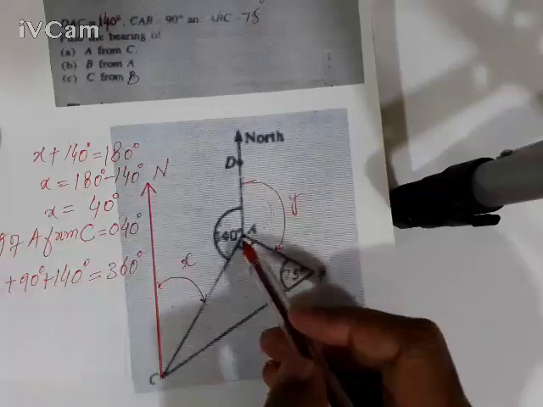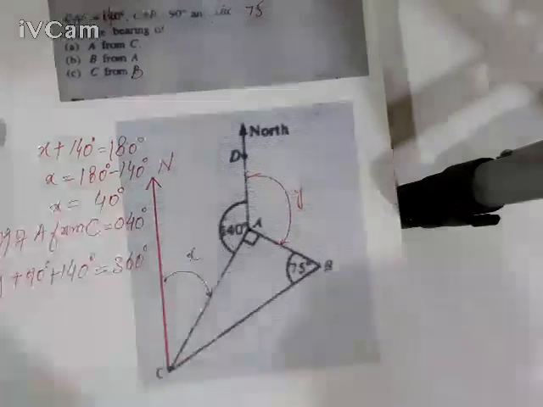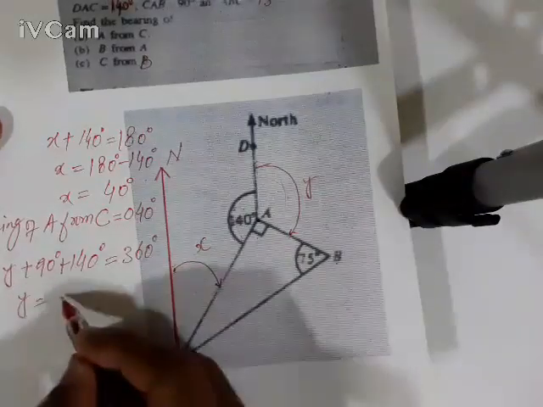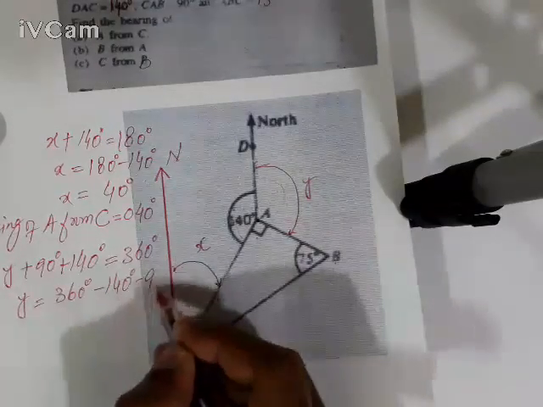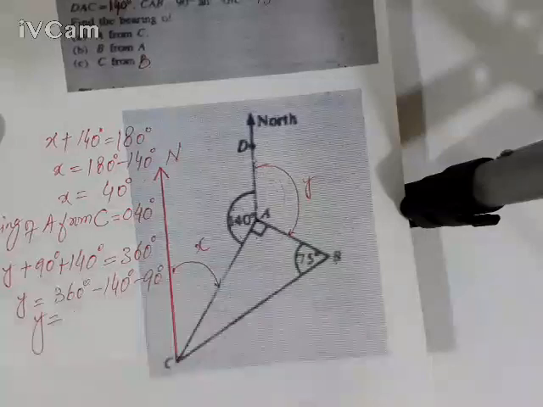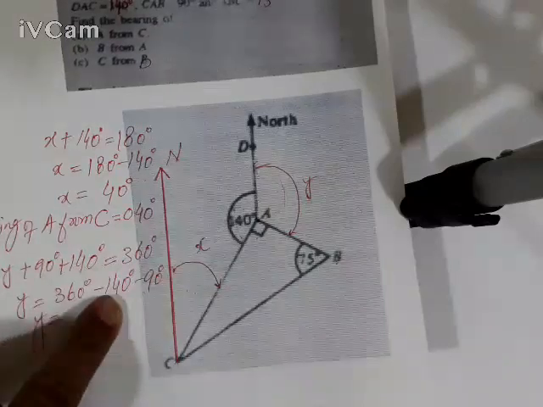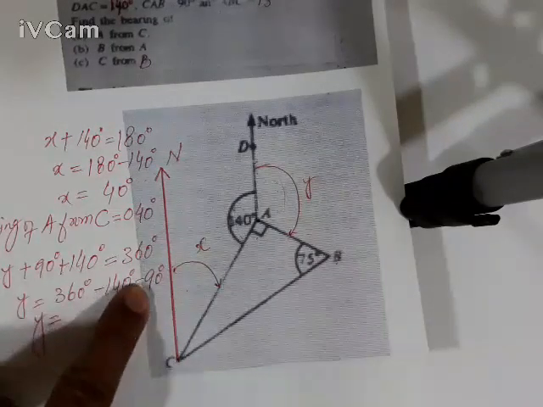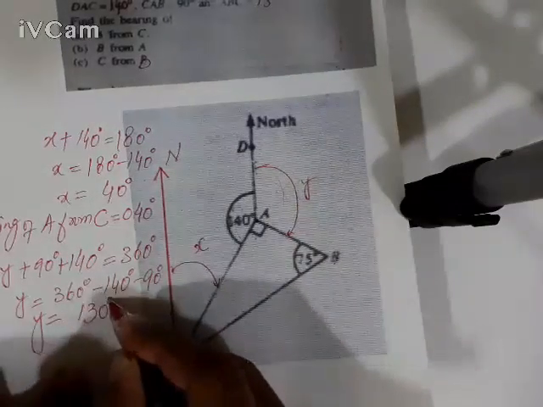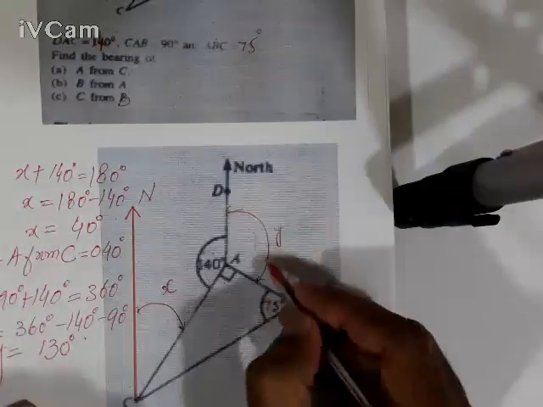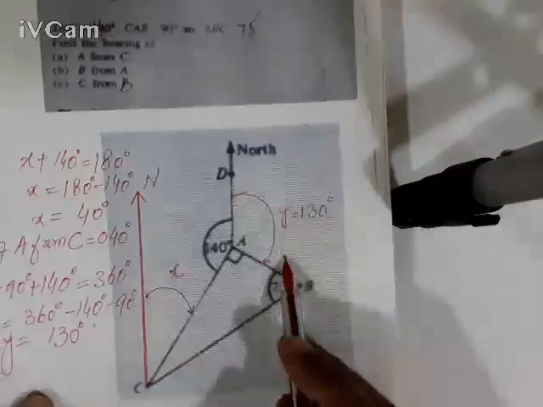Because we are applying the property that angles at a point, the sum of all their angles, is equal to 360 degrees. Now Y is equal to 360 degrees minus 140 minus 90 degrees. So subtract all these three angles, 360 degrees minus 140 degrees minus 90 degrees. So the remaining angle is 130 degrees. So that means this outer angle is 130 degrees. So Y is 130 degrees.